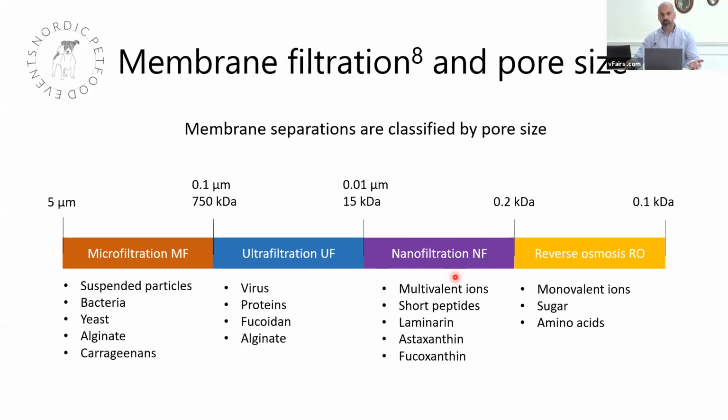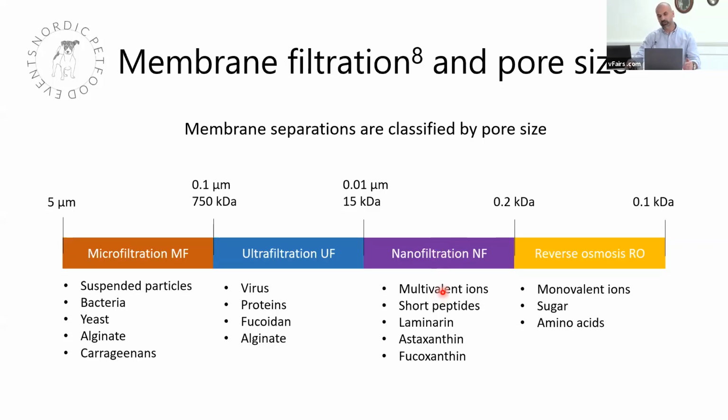So nanofiltration is down to below 0.01 micron. We can say from 0.2 to 15 kilodaltons. This membrane will reject multivalent ions, short peptides, for example laminin, astaxanthin, fucoxanthin.